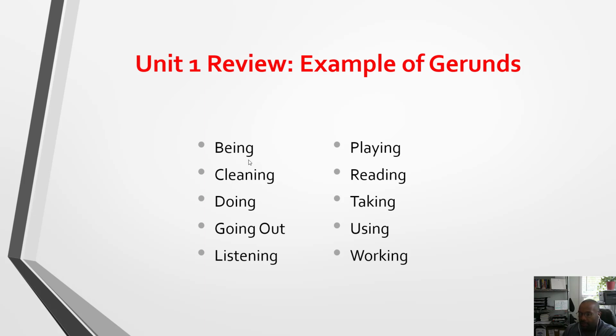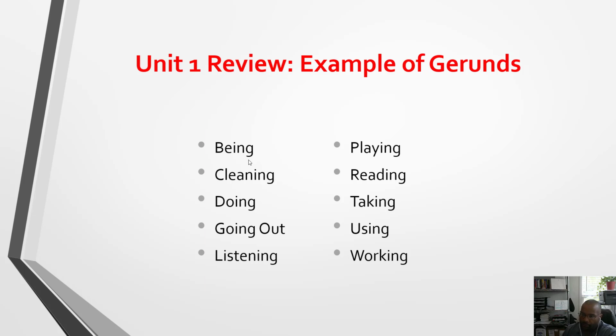The next one is cleaning. The root verb is clean, to clean. Cleaning is a noun, and it's a gerund. Doing. The root verb is do, or to do. And when we use doing in the form of speech that we're using, it's a gerund.